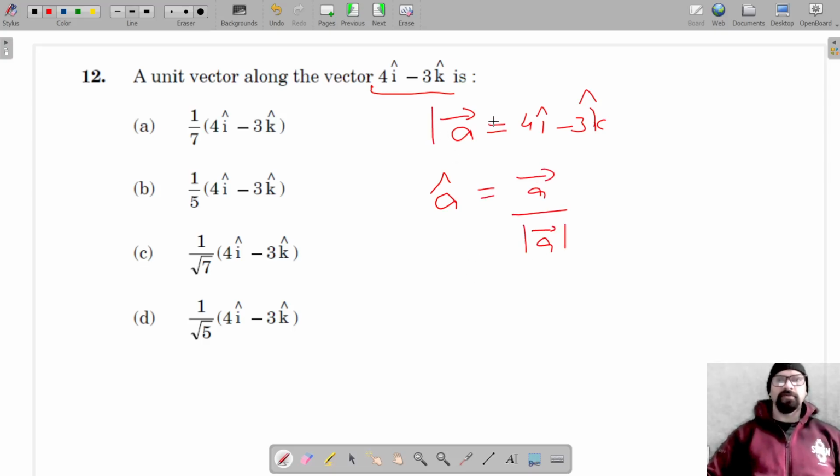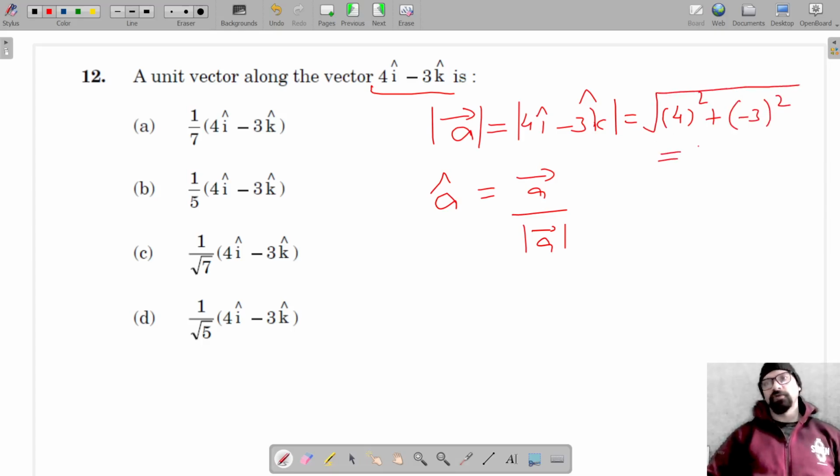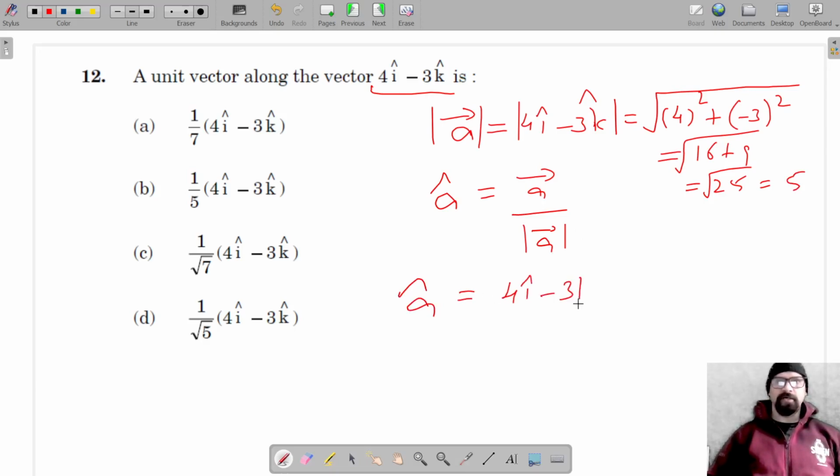Let's find the magnitude of vector a, which is the square root of the sum of the squares of the scalar components: 4 squared is 16 plus 9, which is 25, so this is 5. That means a cap is 1 by 5 times 4i cap minus 3j cap, which is option B.